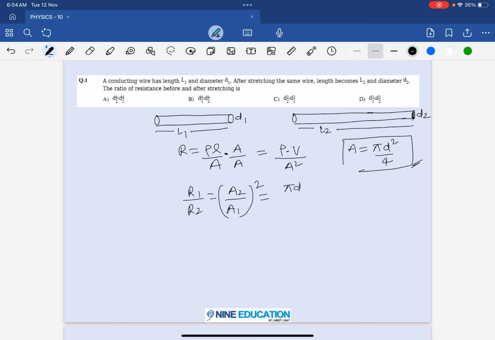Here we get pi d2 square by 4 divided by pi d1 square by 4, and there is also a square on top of it, correct? So basically we are going to get d2 to the power 4 divided by d1 to the power 4. All right, sir, so I am able to get option A.